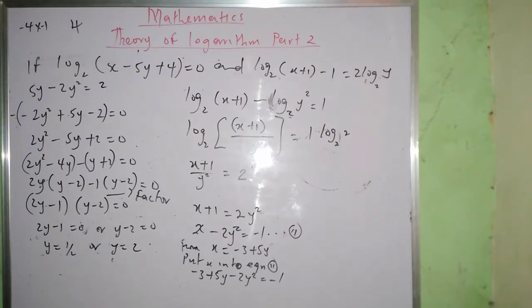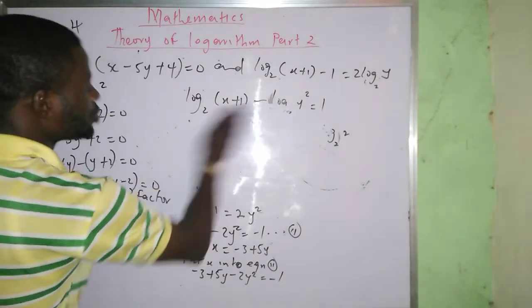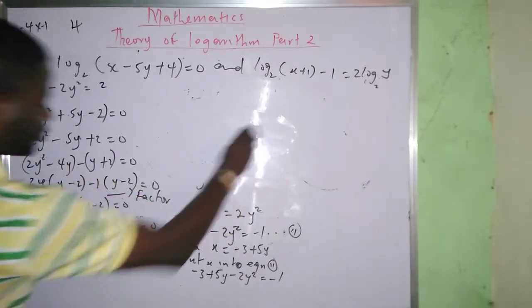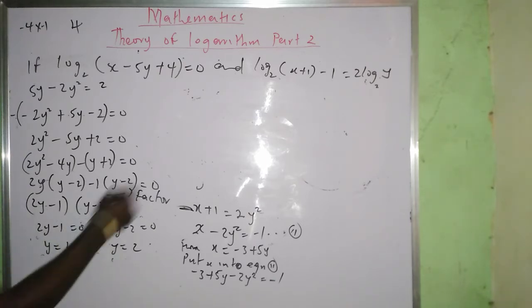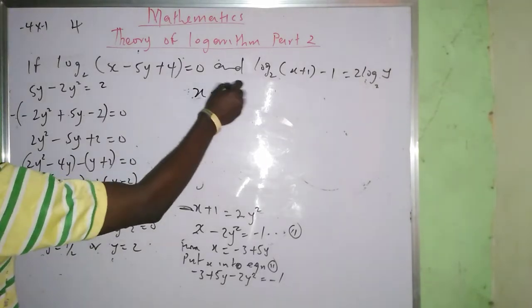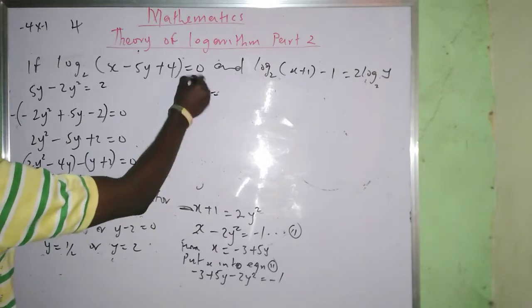Now, that is possible value for y. Now, to get my x, I can use any of the equations. Since my x is equals to that, I can use this equation, from equation 2.